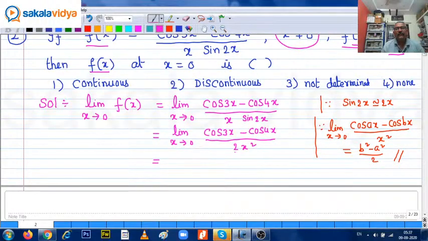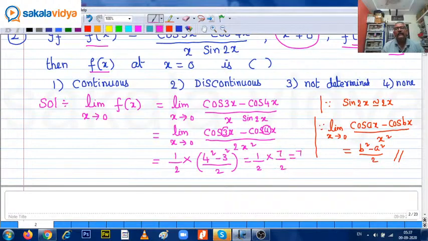Already 1 upon 2 is there, 1 by 2 common, multiplied by cos 3x minus cos 4x by x square, which is in the form of cos ax minus cos bx by x square, limit x tends to 0, b square minus a square by 2. b is 4, a is 3, so 4 square minus 3 square upon 2. This is 1 upon 2 multiplied by 16 minus 9, 7 upon 2.